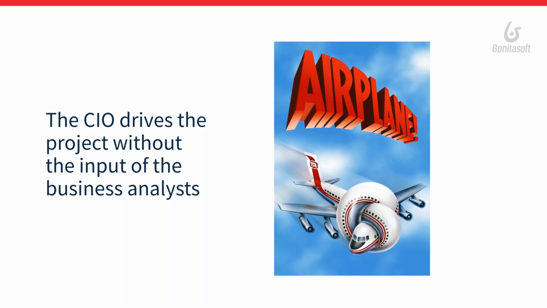That's where we need not only the CIO or the IT team, but also the input and commitment of all the business team, business directors, and also the teams and key users, for example.